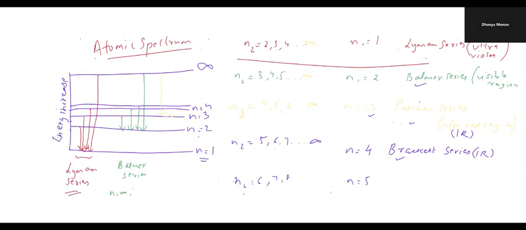This also lies in the infrared region. So you can see that the electron can come from a higher energy level to a lower energy level, and it will give you different series based on which energy level it is coming to.